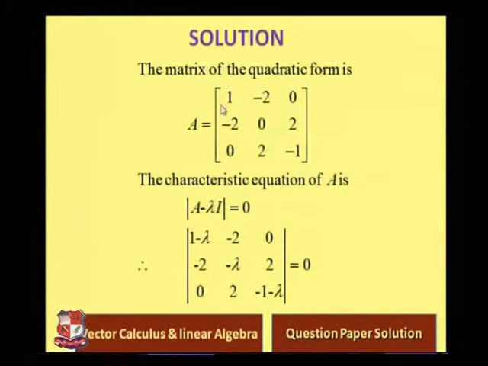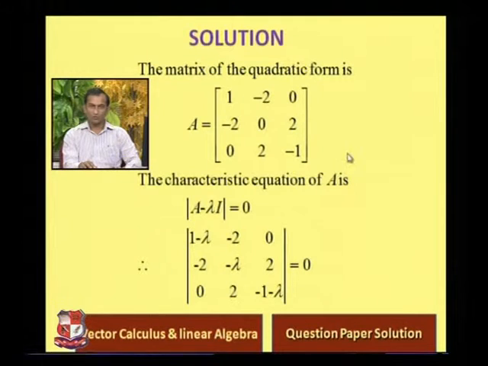This is the x1 square coefficient, this x2 square coefficient is 0, x3 square coefficient is minus 1, and this is the coefficient of x1 and x2, and similarly x1 and x3, and this is the x2 and x3 coefficient, total addition 2 plus 2 is 4. Therefore we first find the eigenvalues of this matrix.